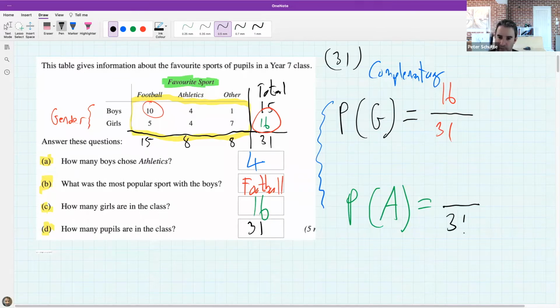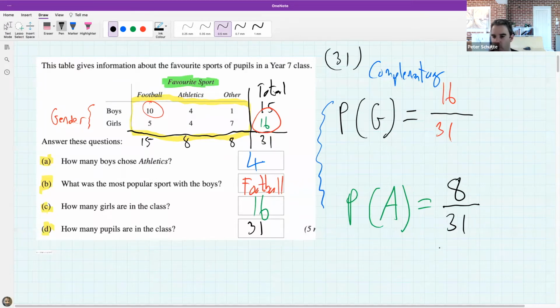Yeah, so it's still going to be out of 31, but if we look at the summary of our sample space, how many students have athletics as their favorite sport? It's going to be 8, so 8 out of 31.